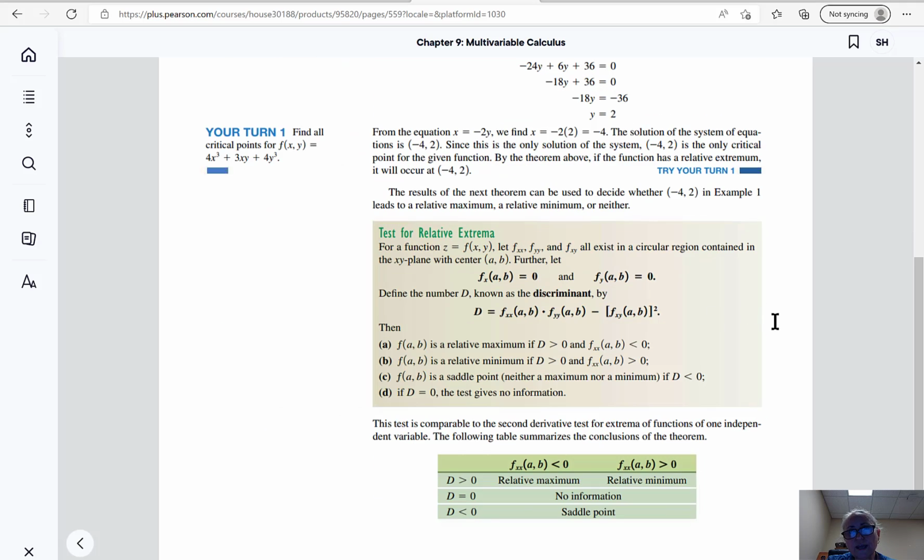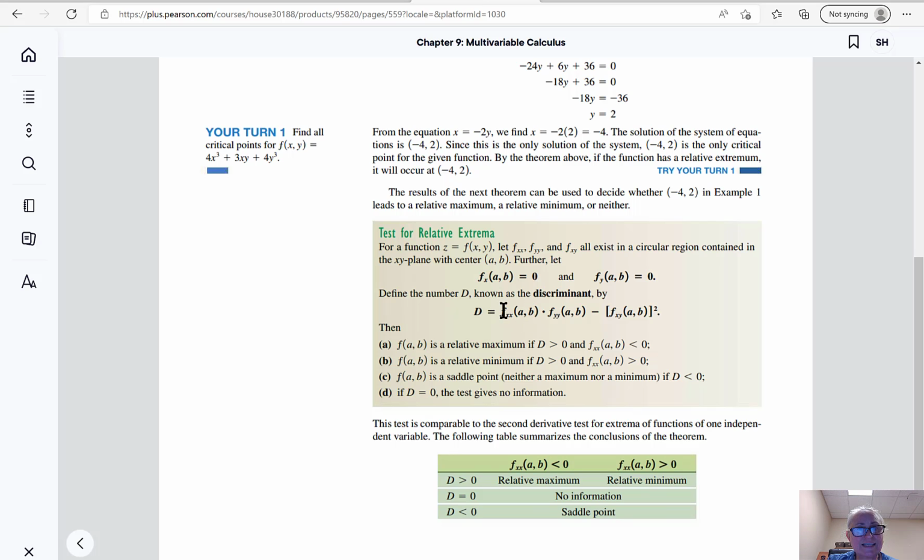And so here's what we have to do in order to find out whether a certain point is a maximum or a minimum. We take the first order partial derivatives, the first time with respect to x and the second time with respect to y. We define D, which is called the discriminant, by this.